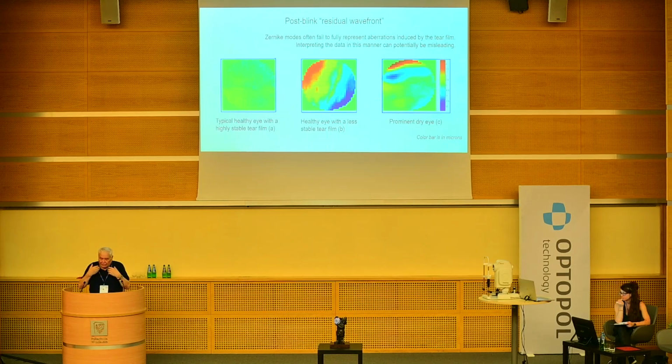But if you get the polynomials, in each point of your measurement you have the measured value and the value which is the approximation. And between these values there's some difference, which the authors call residual wavefront error, or residual. So this is the difference between measured and approximated.